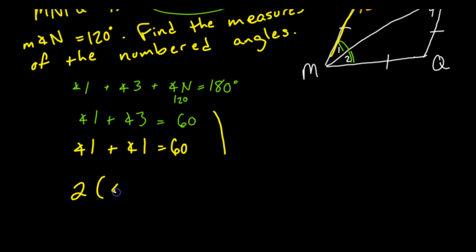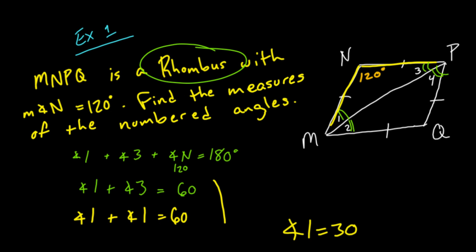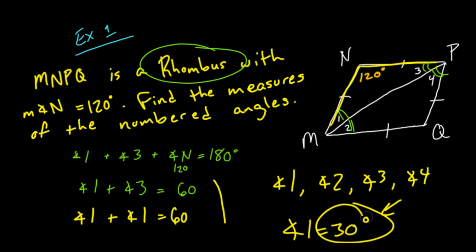So it'd be 2 times the measurement of angle 1 is 60, which means angle 1 is 30 degrees. Now, based off that information, 1, 2, those are both going to be 30 degrees because they're congruent. And angle 3 and 4 are opposite angles, which are also congruent based on the fact that it's a parallelogram. So all of those angles are going to be 30 degrees.